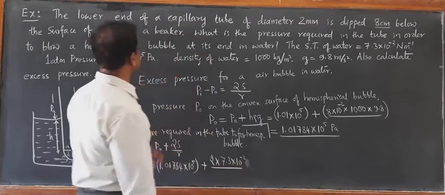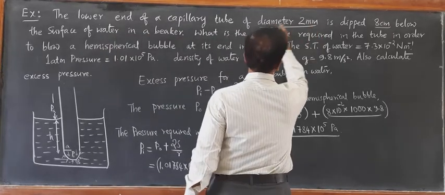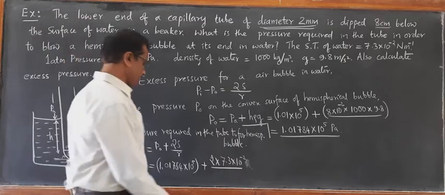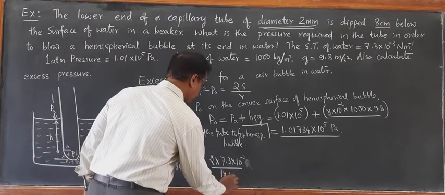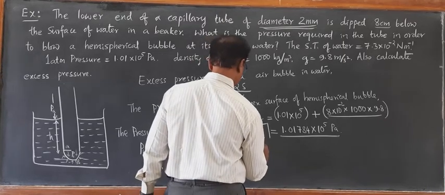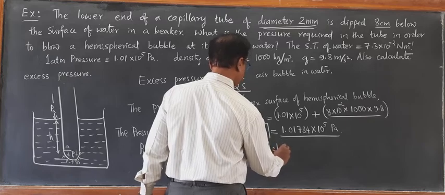R is radius. Here the diameter of the tube is 2 millimeter. So radius is d by 2, which is 1 millimeter, 1 into 10 to the power of minus 3 meter.